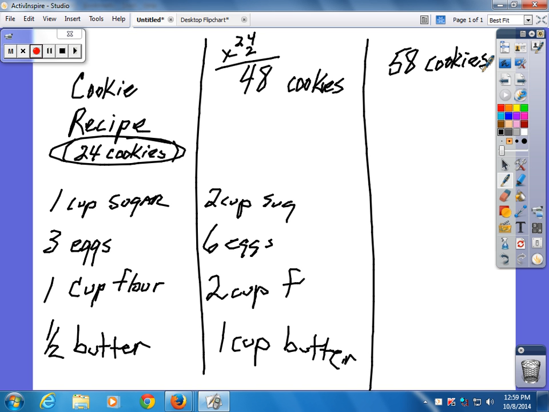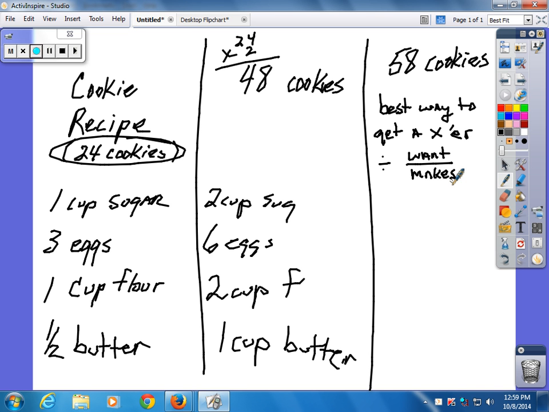The best way to get a multiplier, and you can write this down, and that XCR means multiplier, is to divide what you want by what it makes.